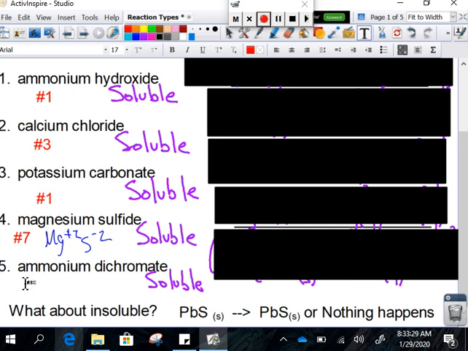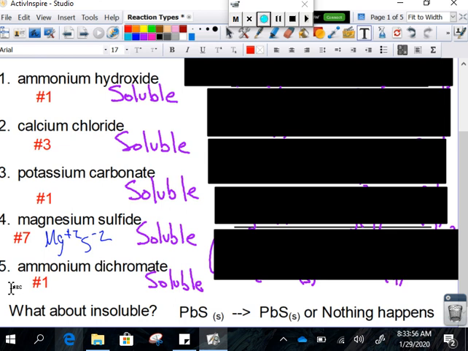And then number 5 really throws people off because it says dichromate. Dichromate isn't anywhere, but ammonium is specifically called out in the first rule, and it says ammonium is always soluble. So for some reason, every single question here on worksheet 2 is soluble, soluble, soluble, soluble, soluble, which is not really all that fun.